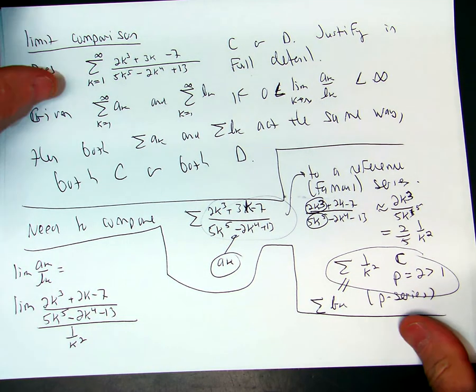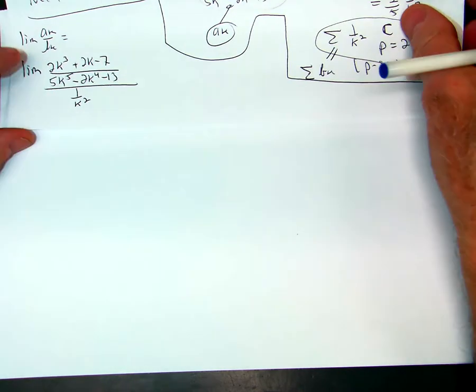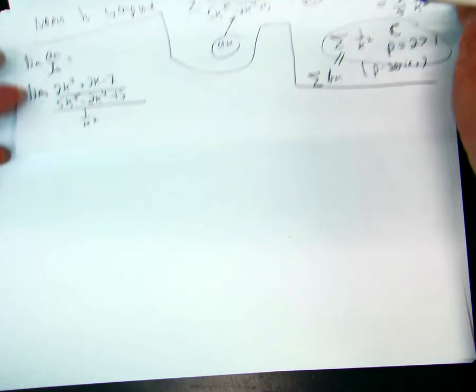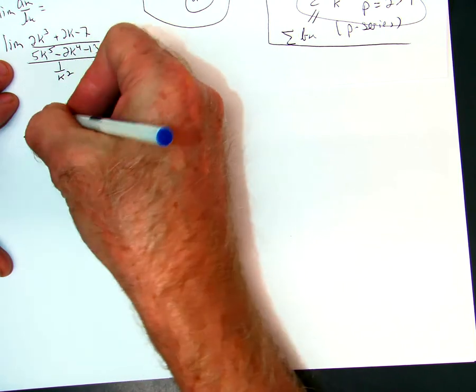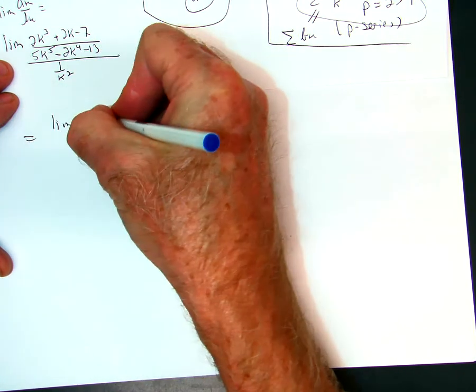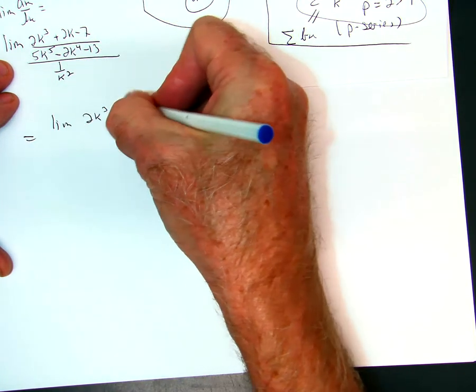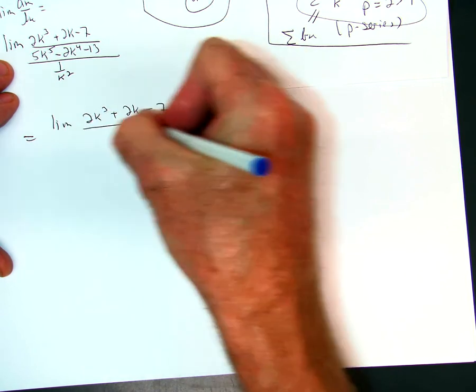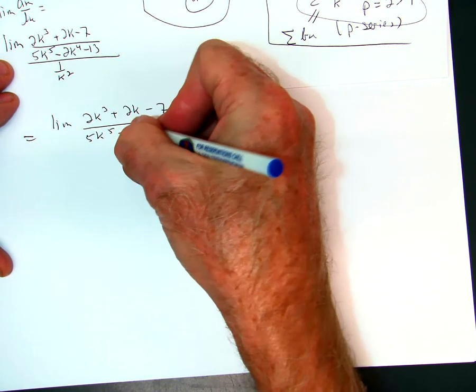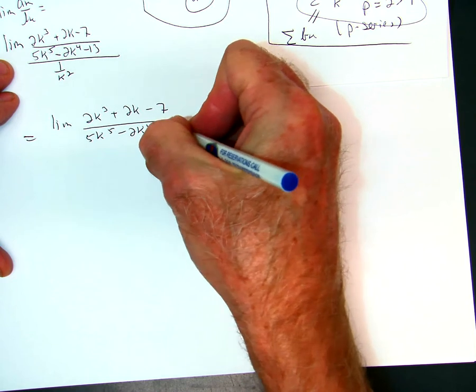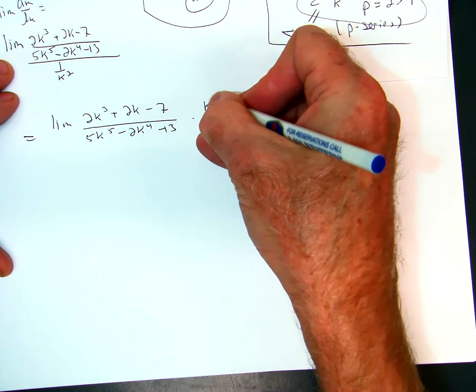So I'm going to need to continue this here. Well, that's going to be equal to the limit of 2K cubed plus 2K minus 7, over 5K to the 5th minus 2K to the 4th minus 13, times K squared over 1.